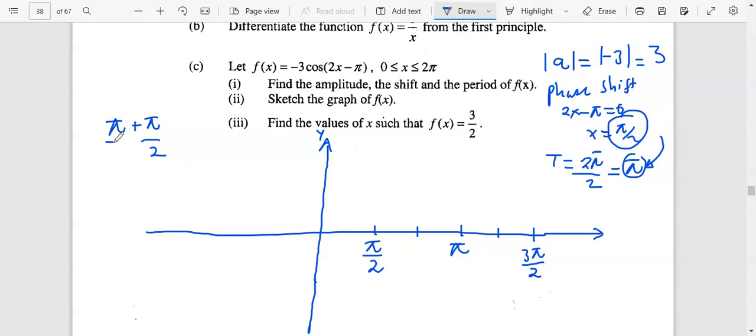Let's see what I'm supposed to get. Okay, that is 3 pi over 2, yes. When you add pi over 2 plus pi, that's 3 pi over 2. Now you're supposed to divide this by 2 to find the middle. That is going to be 3 pi over 4.